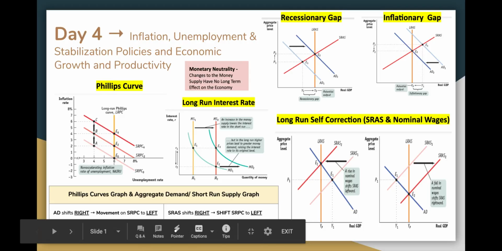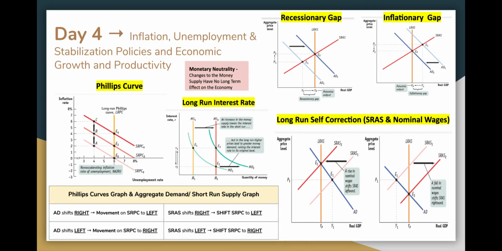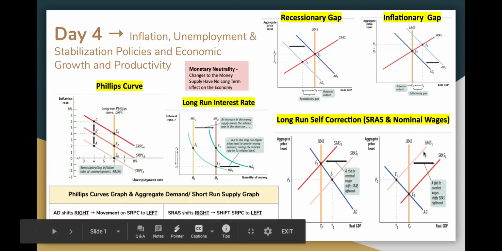Nominal wages go up. And business owners, factory owners, whoever, say, we are going to hire less workers. We need less workers because it's so expensive. So the short run aggregate supply shifts to the left, and that's where we get our new equilibrium. This was a self-correction.